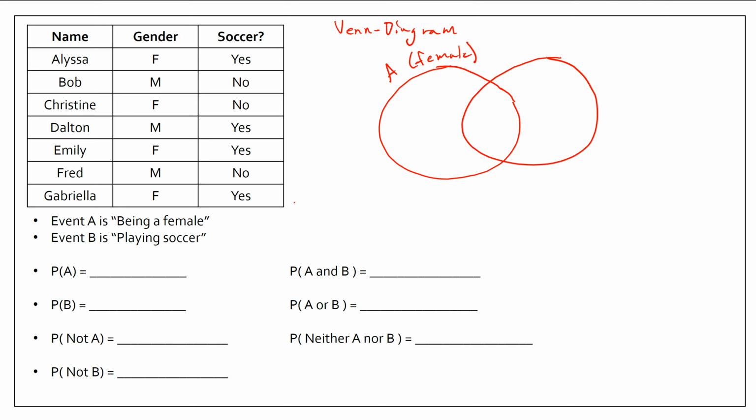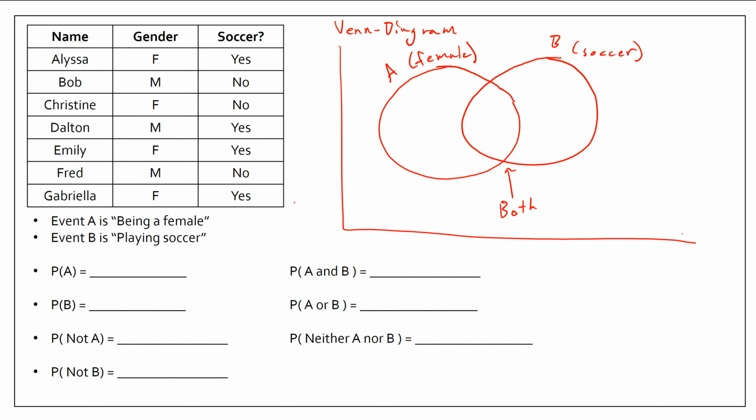In this circle is going to be all the people who fit into event B, the soccer players. These people are the ones that fit in both. And then this is something you may not have seen before: if you imagine this whole Venn diagram being in a big box, outside is going to be the people who are in neither event. In other words, they're not cool enough to fall in either bubble.